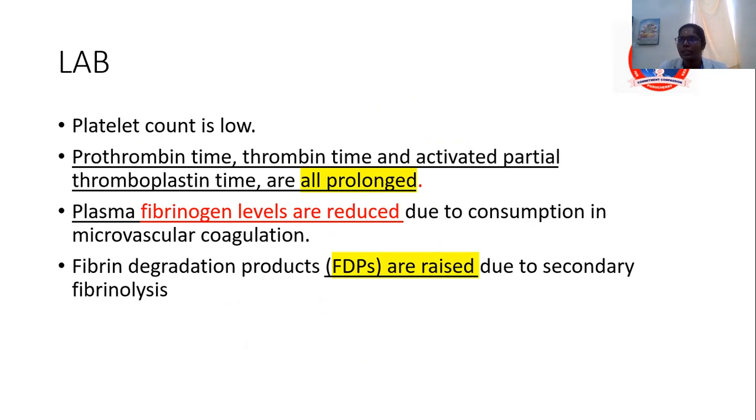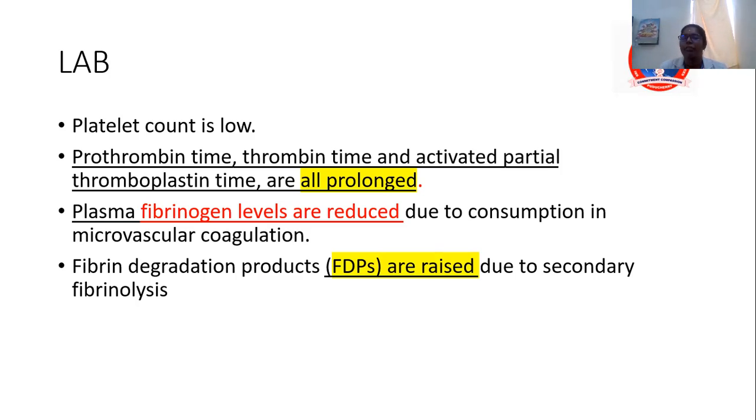First, because of clot formation, platelet adhesion and aggregation, the platelet count in the circulation will be low. Next, the prothrombin time, thrombin time, and activated partial thromboplastin time, for the extrinsic, intrinsic, and common pathways, will all be prolonged.